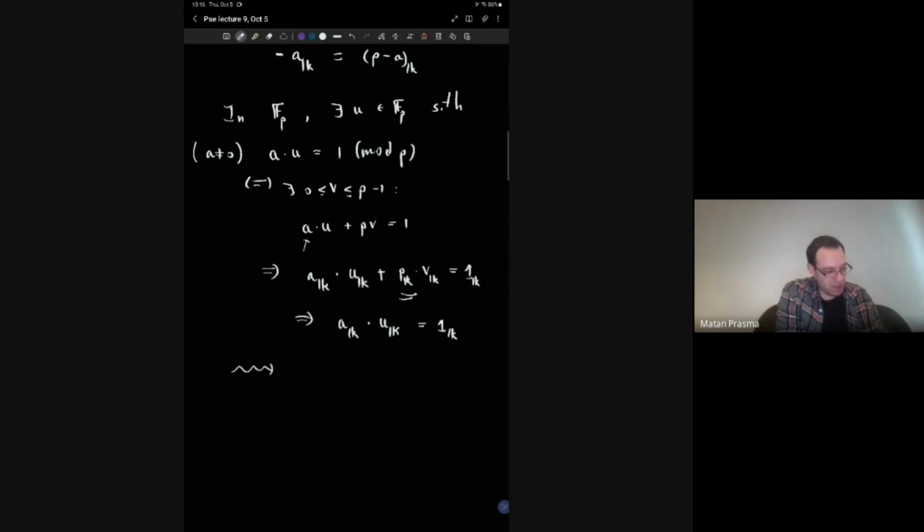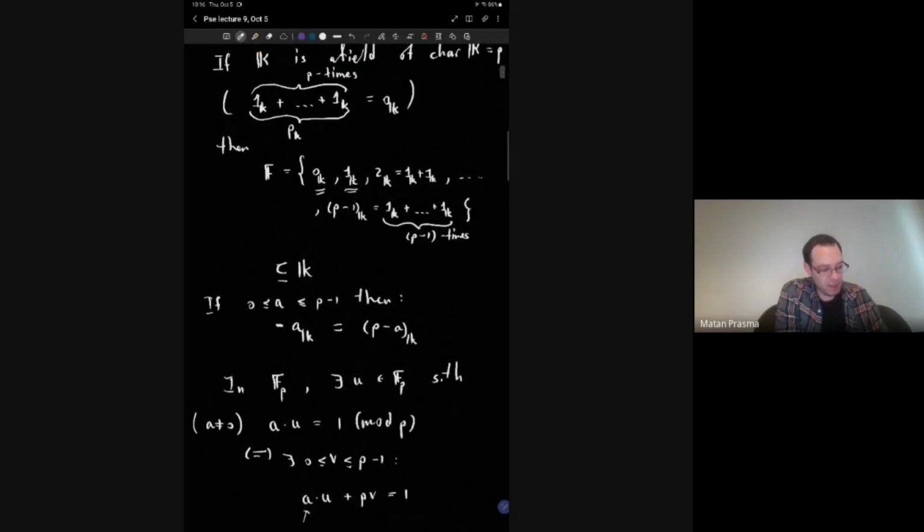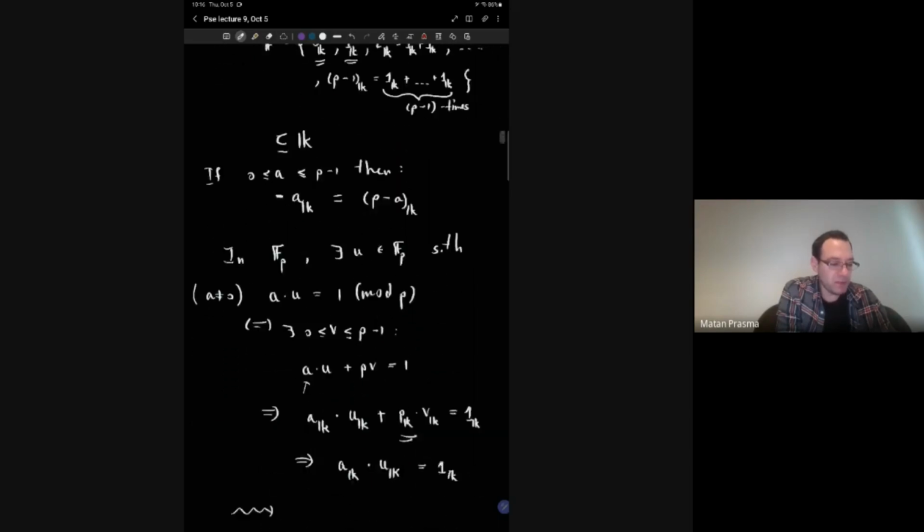So what I get is that this F is a subfield of K. It's a subset containing 0 and 1. Of course it's closed under addition, it's closed under multiplication, and it contains the additive inverse and the multiplicative inverse.